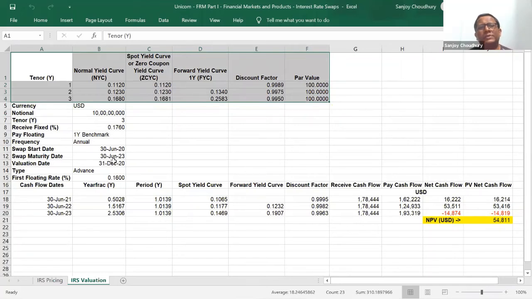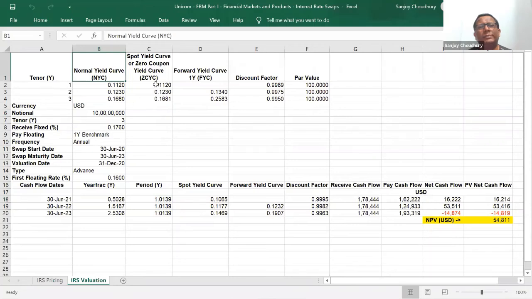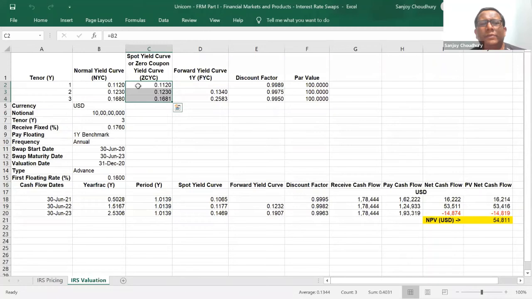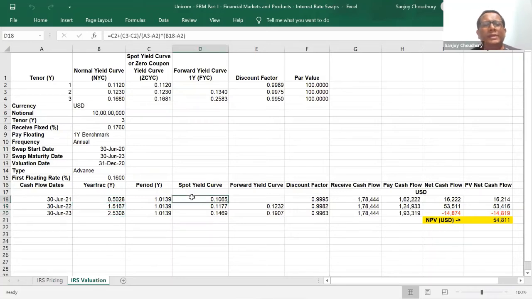So as on valuation date, which is 31st December 2020, we have the normal yield curve. From there, we calculate the spot yield curve using bootstrapping, as we had done in the pricing. We have to use these spot rates, but these spot rates are for 1 year, 2 years, 3 years. What we need is a spot rate for 0.5 years, 1.5 years, and 2.5 years. So what we can do is interpolate or extrapolate as the case may be.